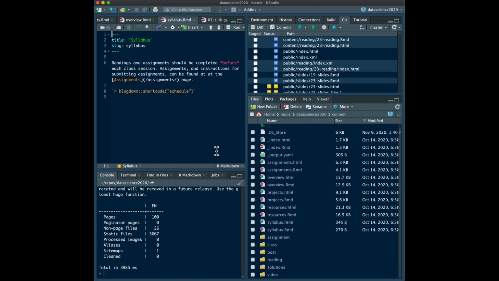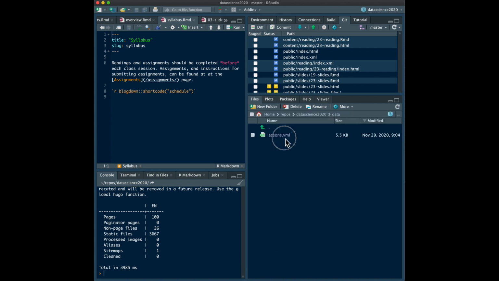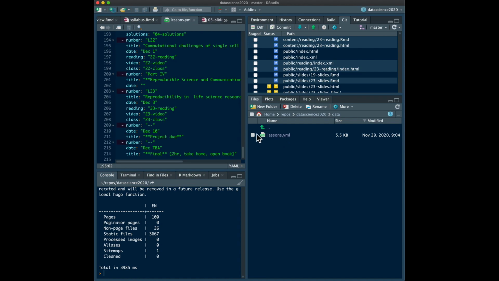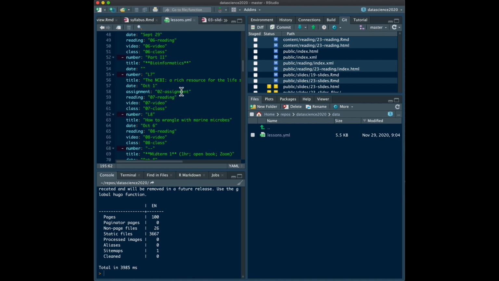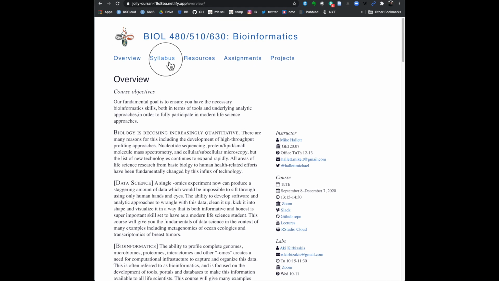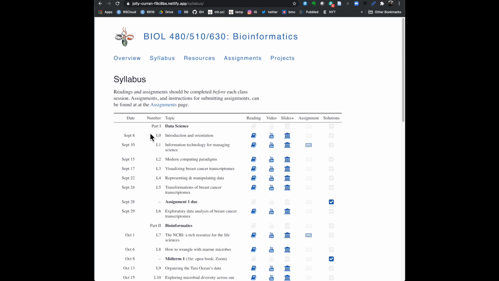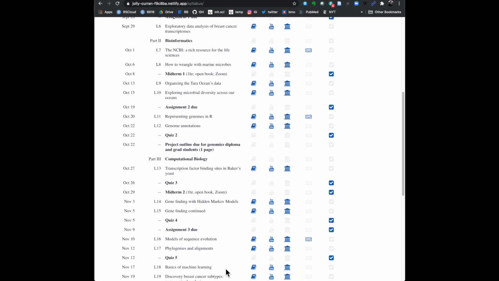The syllabus is interesting because it in turn is generated from something else. Let me show you that. If I come back up and go to data, I'll see this lessons.yaml. That's a YAML file, and this is how I specify the lectures. You'll notice here it's part 1, lecture 0, lecture 1, etc. And if I go back to the website and go to syllabus, that code generates all of this nice stuff in here.